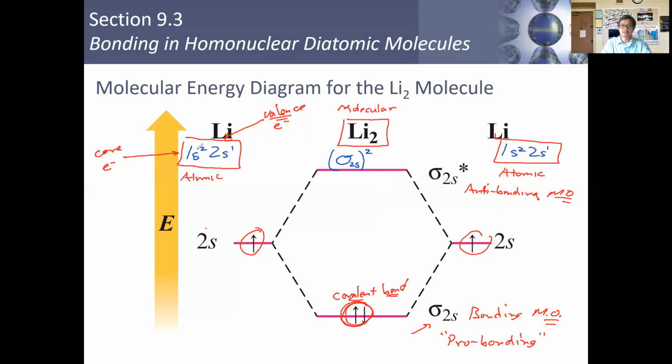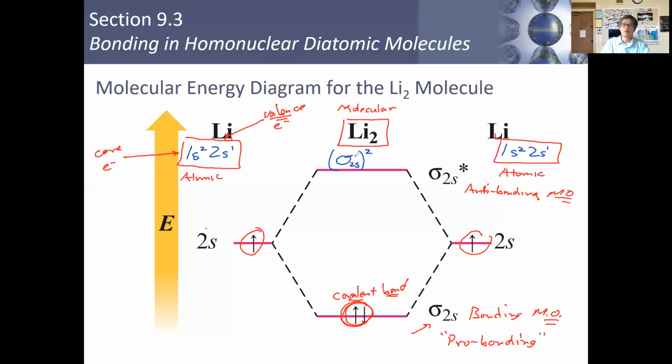Look at this compared to the atomic electron configuration. This is the molecular electron configuration for dilithium. This is the atomic electron configuration for lithium. This number represents the primary energy level that we talked about, so this orbital is found in this primary energy level. This is the atomic orbital that these two electrons are found in.